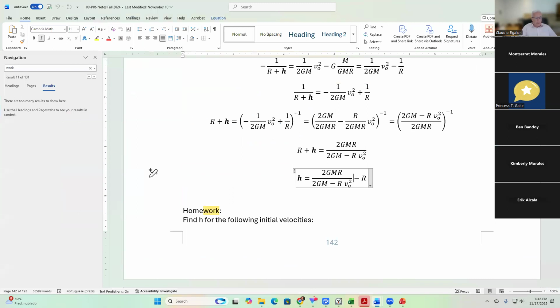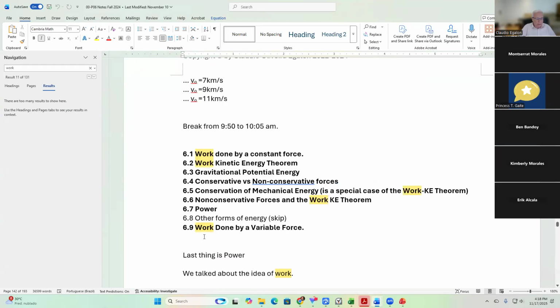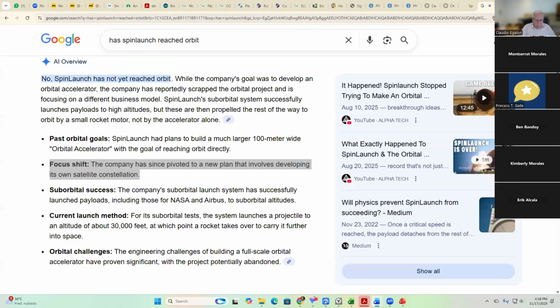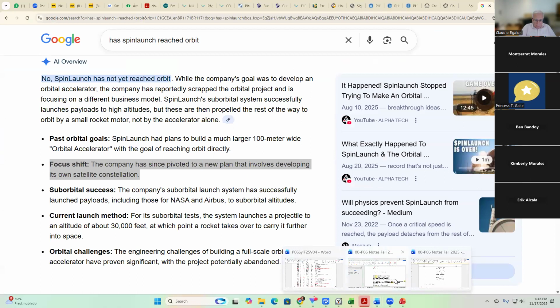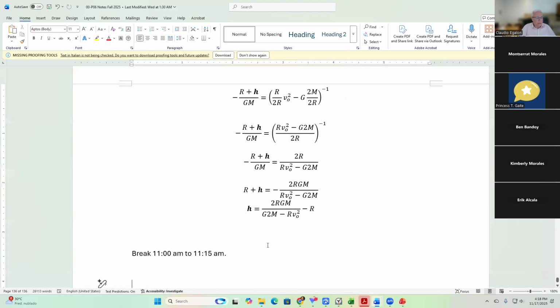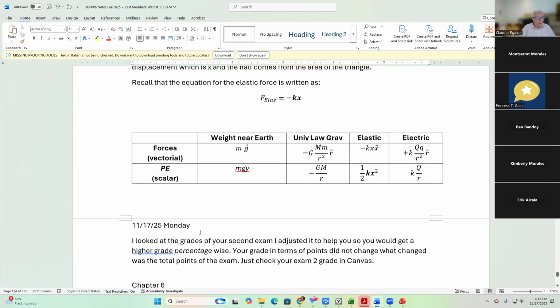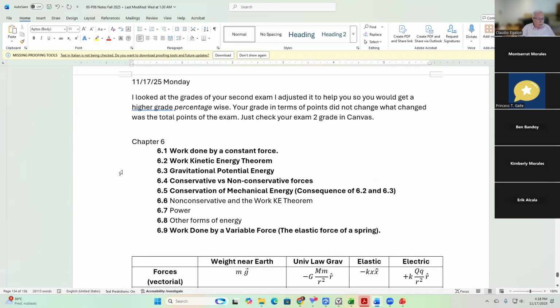Now you should have an idea how we can use this type of knowledge to solve some problems. And this one, that's not the one I want. I want the other one. This one right here. And we are done.